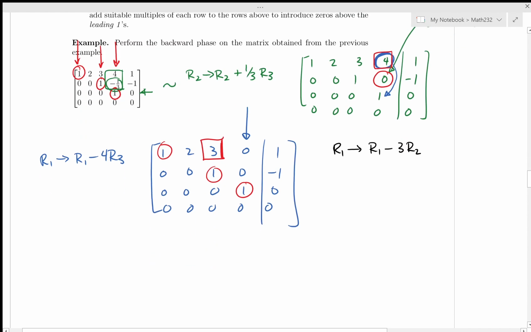Let me perform that operation. I am changing R1, which is then 1, 2, 0, 0, 4. I haven't changed R2, 3, or 4, so I'm simply copying those.